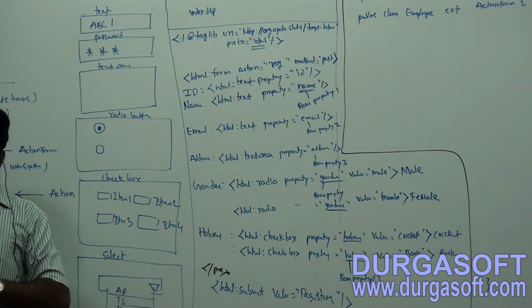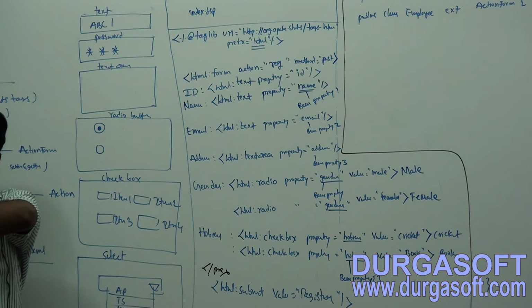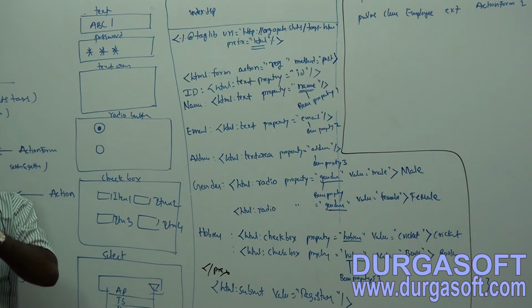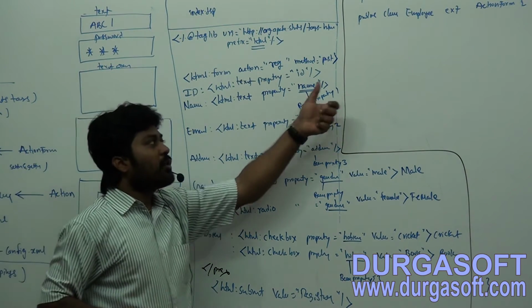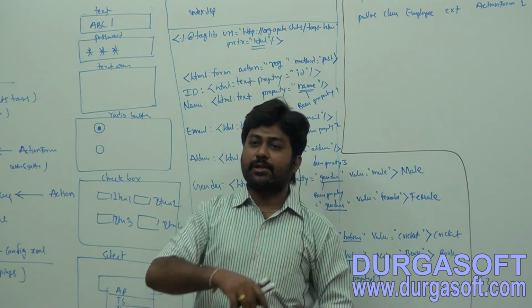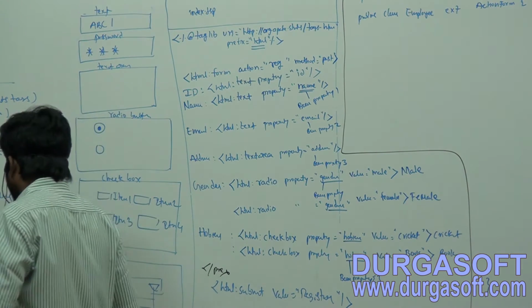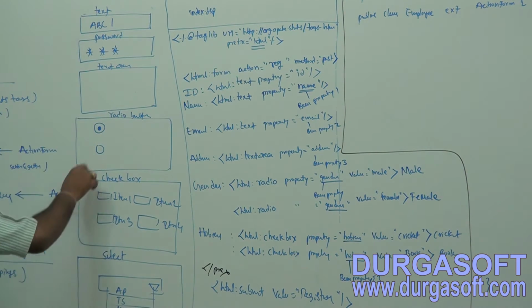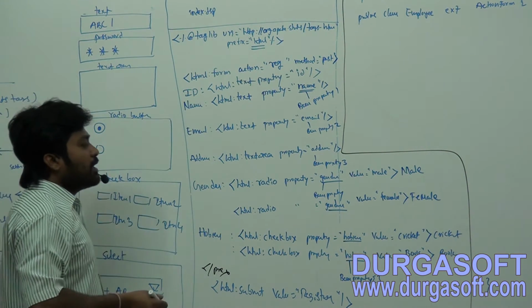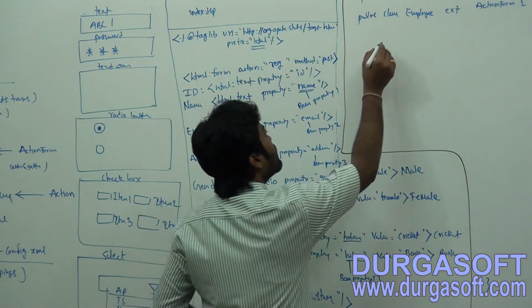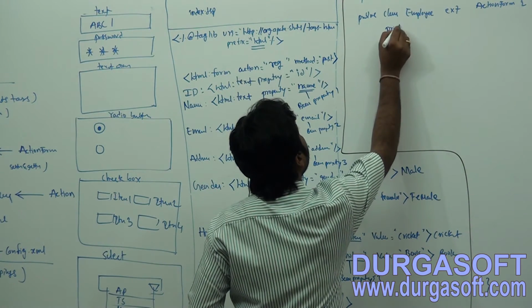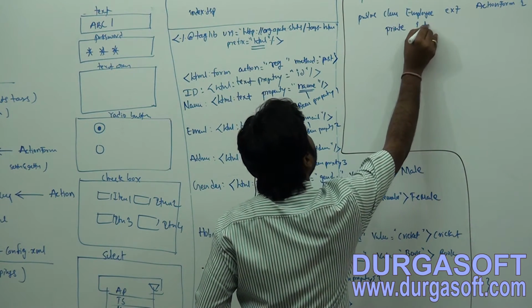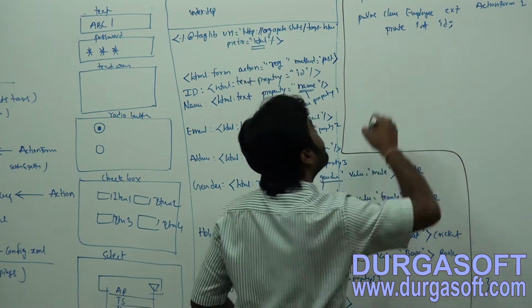It will read data in the form of string, and after reading, based on your bean property types, it will typecast it. So if you submit integer input data from here and want to store it into an integer variable, you can create a bean property here: private int id.